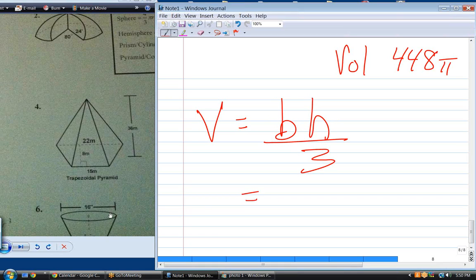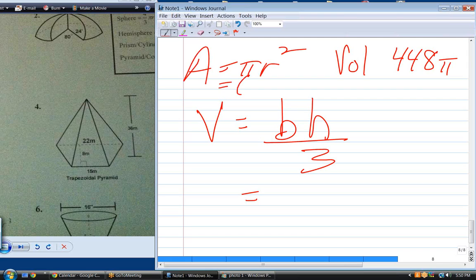So what's the area of that base? It's a circle. pi r squared. What's the radius of that base? 8. So it's 8 squared pi. Okay. In other words, area is pi r squared, and r is 8.